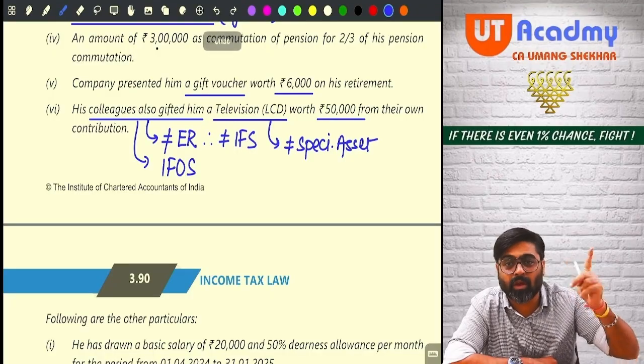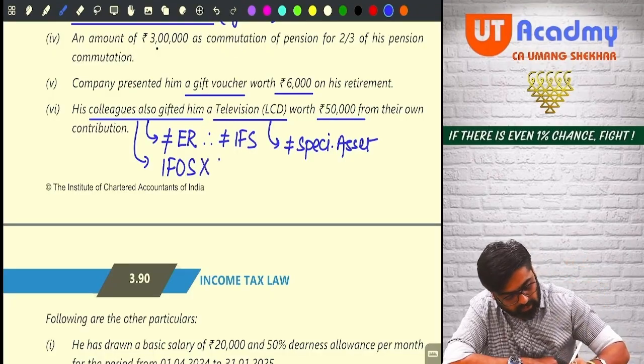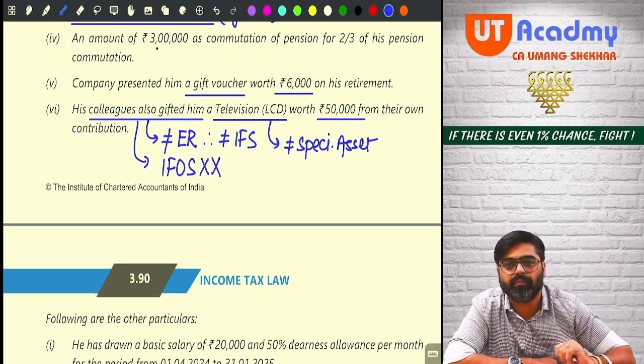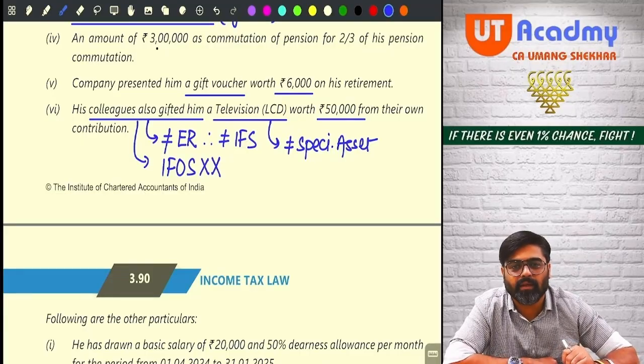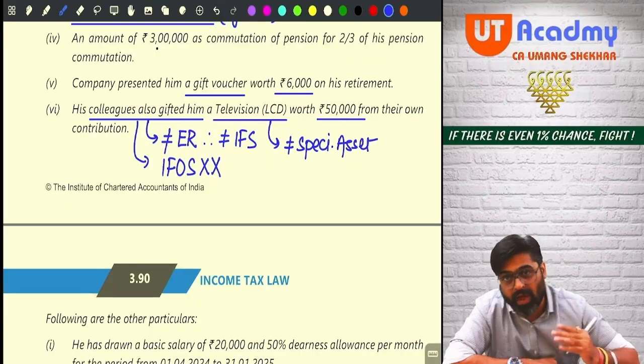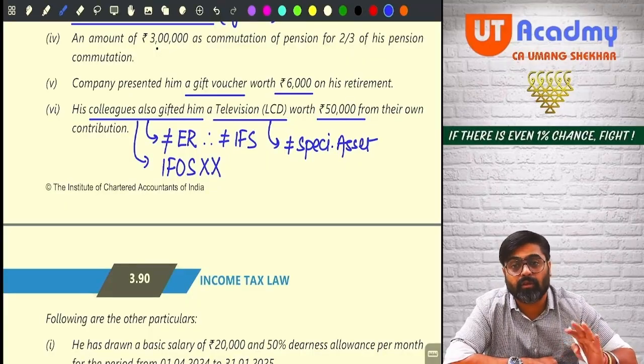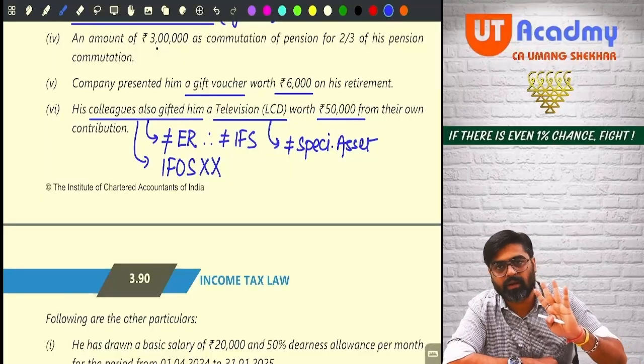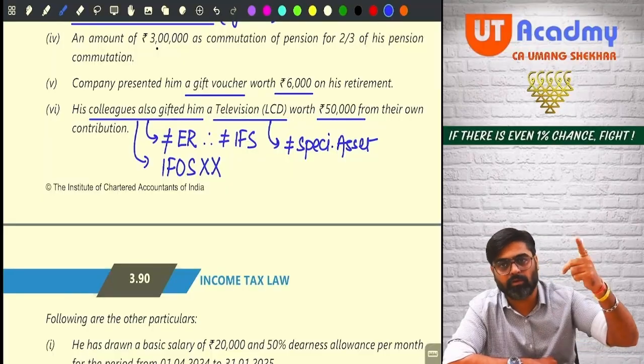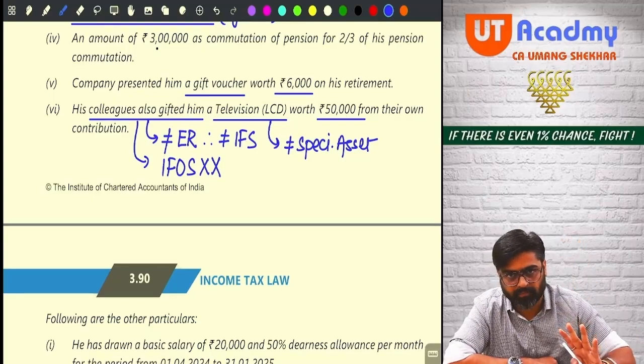So two reasons. Because of that, it will not come in IFOS also. It will be ignored. Understood? Salary, forget it, because it is not coming from the employer. It could have been taxed under IFOS, but it will not be taxed under IFOS also. Why? Because number one, it is not a specified asset, and number two, its value is also not more than 50,000. Got it, everyone?